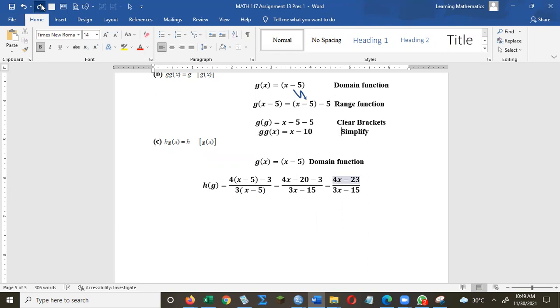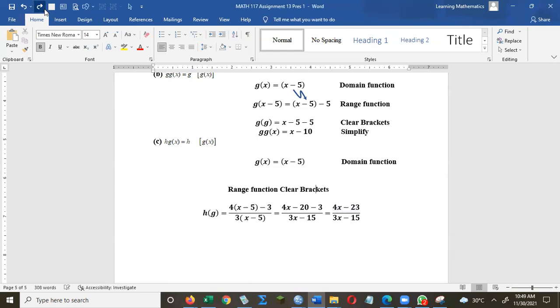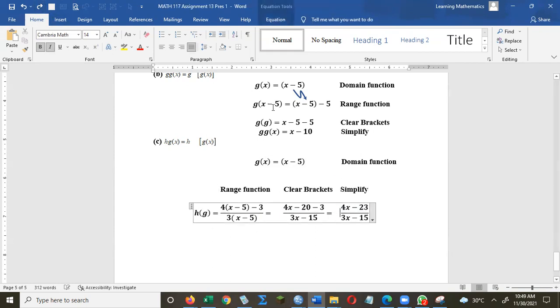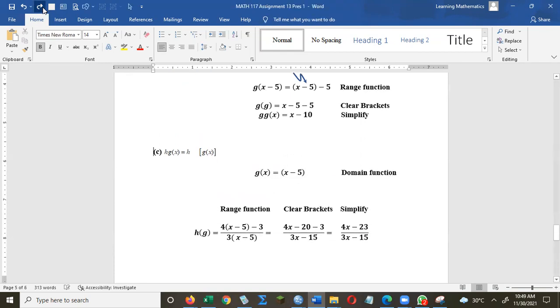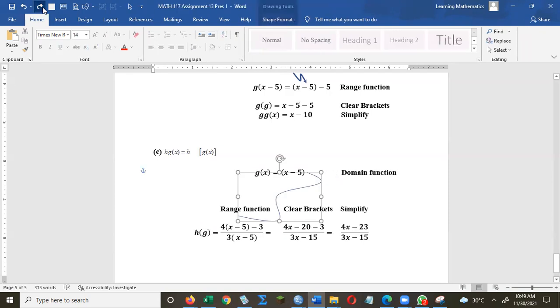Identify the domain function, place it in brackets, substitute it into the range function, clear the brackets, and then simplify. Here's a summary of how to go about composing two functions.